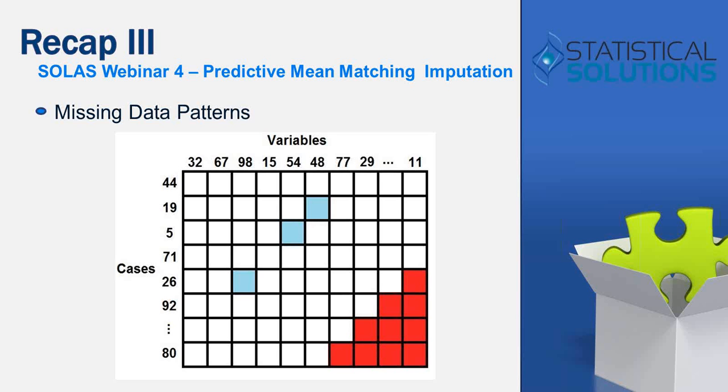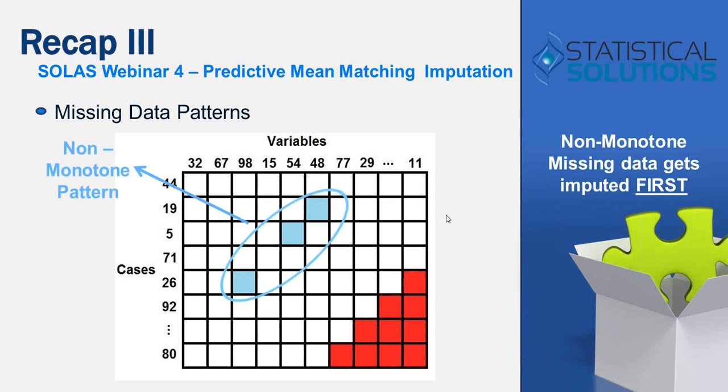I've managed to cluster most of the missing data into the bottom right hand corner there and put all the missing data together. And we have also these various scattered, spurious data points that would not cluster with the missing data. These missing data points here, we call this pattern the non-monotone pattern because we couldn't put it into this cluster.